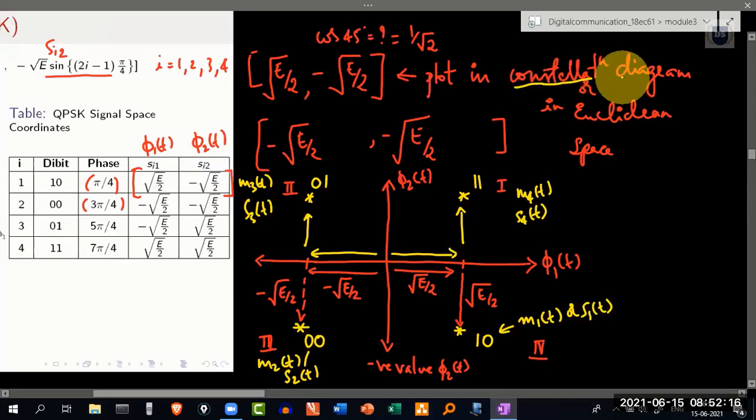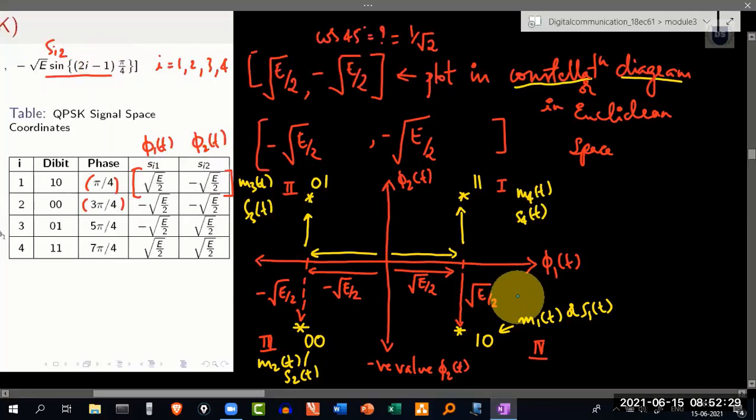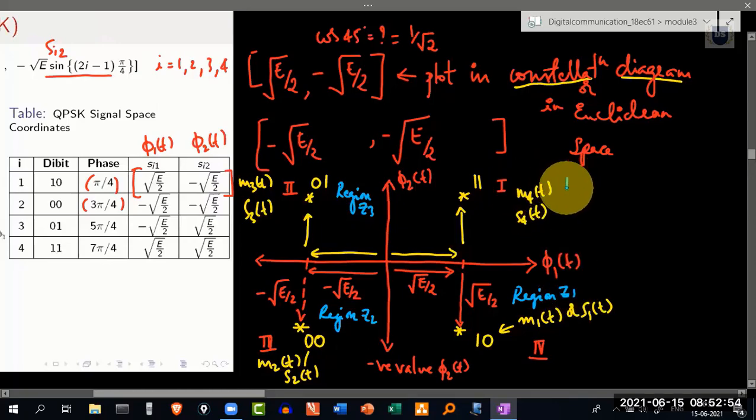Each of these message points is associated with its own region. I can call the third quadrant region Z1, the second quadrant region Z3, and the first quadrant region Z4, and so on.